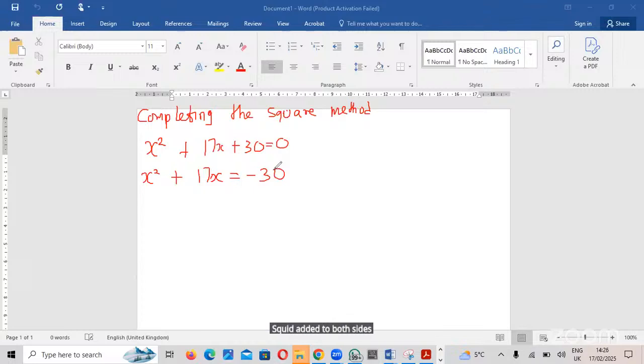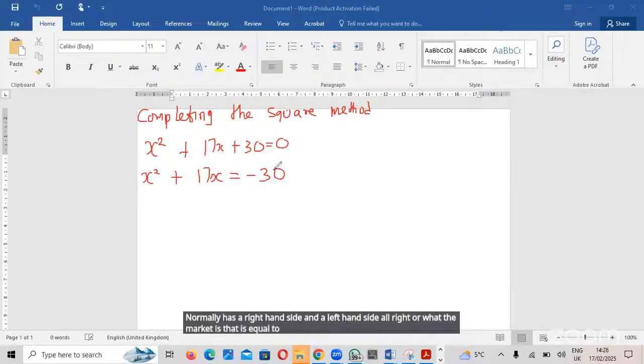You know that every equation normally has a right-hand side and a left-hand side. What comes before the equals sign is the left-hand side, and the one after it is the right-hand side.